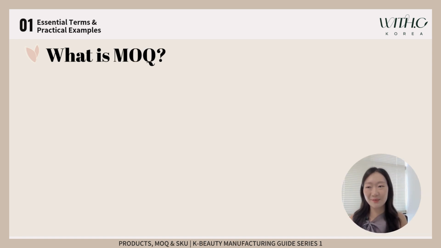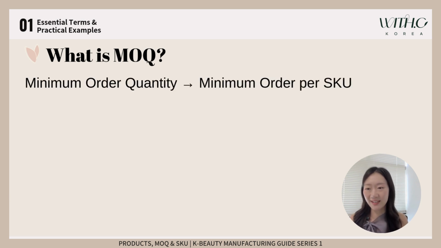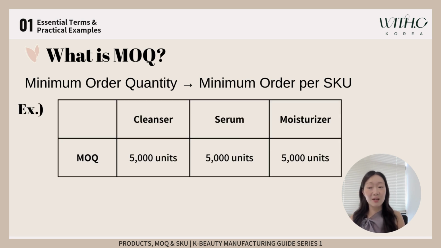What is MOQ? MOQ stands for minimum order quantity. Here's the important part. MOQ is per SKU, not the total quantity of all SKUs combined. Let me give you a real-life example. Let's say you want to launch a cleanser, serum, and moisturizer as a simple skincare line.